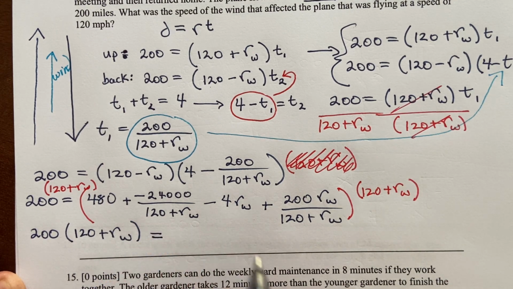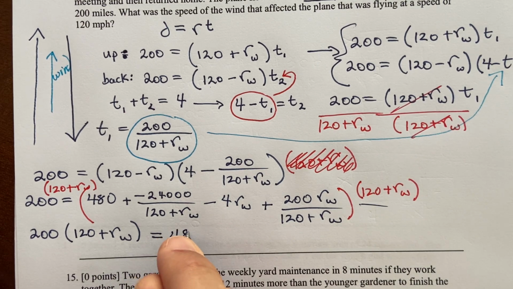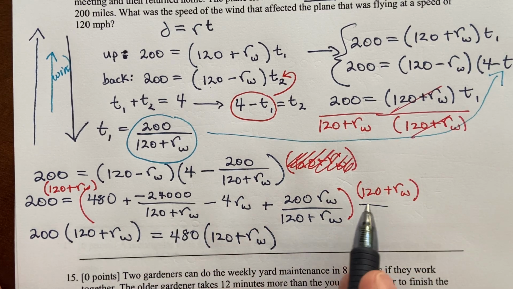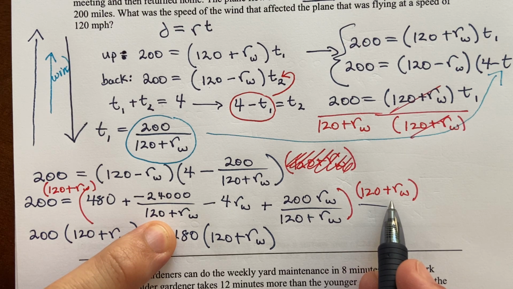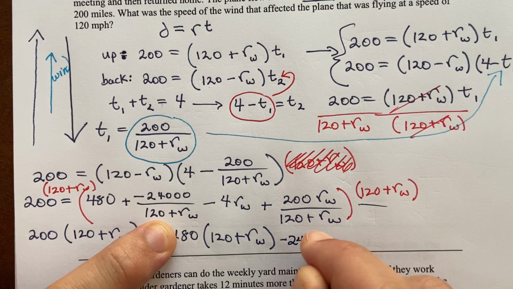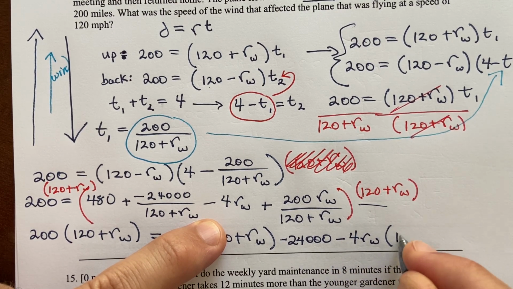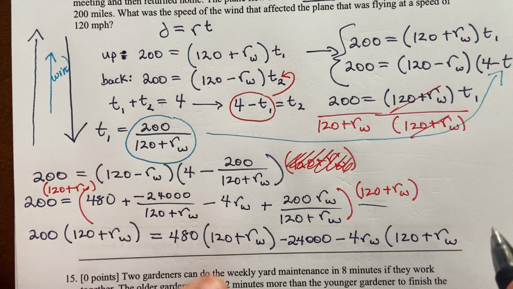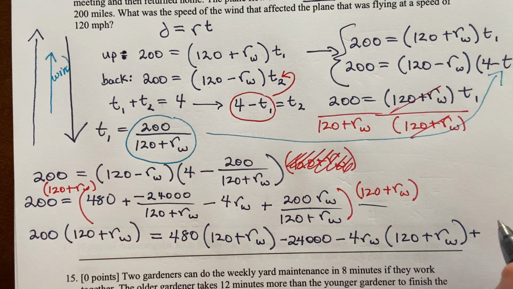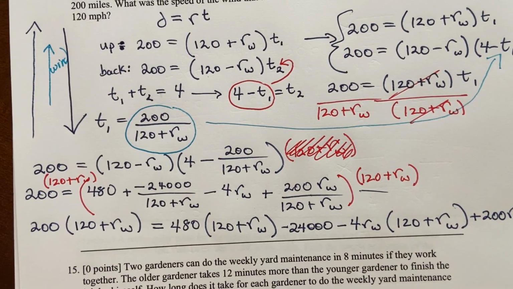On the right, 480 times 120 plus R sub W. Here, my 120 plus R sub W's would cancel, so I'll just be left with the negative 24,000. Then minus 4 R sub W times 120 plus R sub W. And here I get a cancellation, so I'm left with plus 200 R sub W. I need another piece of paper to continue this one.